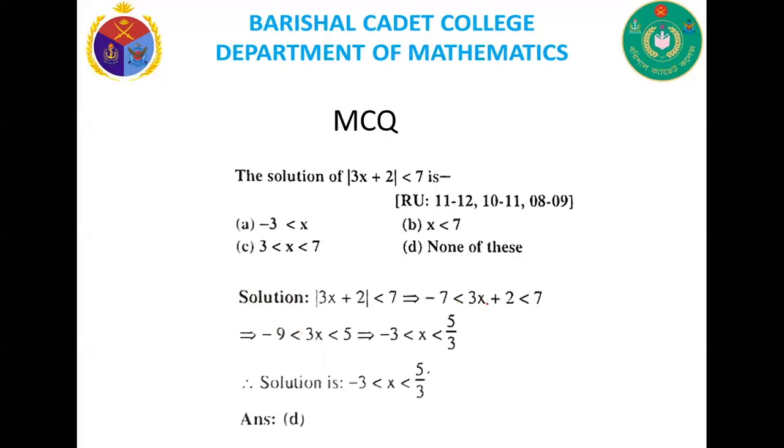Then subtracting 2 from each side, we get −9 < 3x < 5. So finally, dividing each term by 3, we get −3 < x < 5/3. So what is the solution? The solution is −3 < x < 5/3. So we see that in A, B and C, none is like −3 < x < 5/3. So the answer will be none of these.